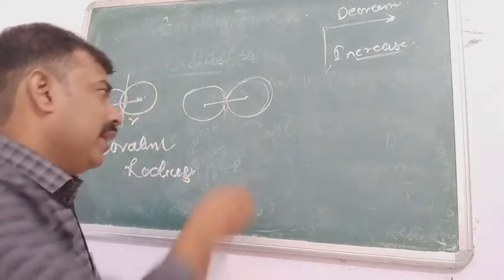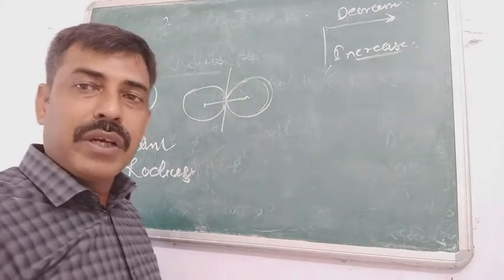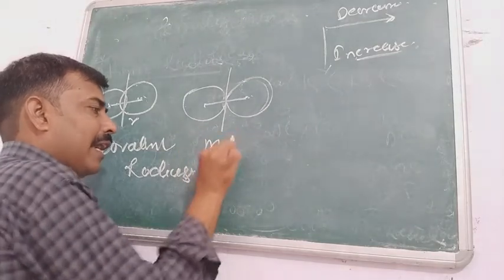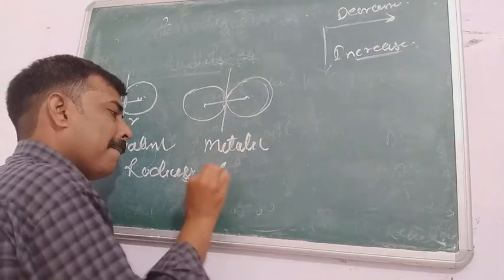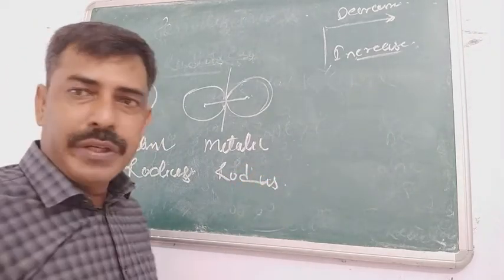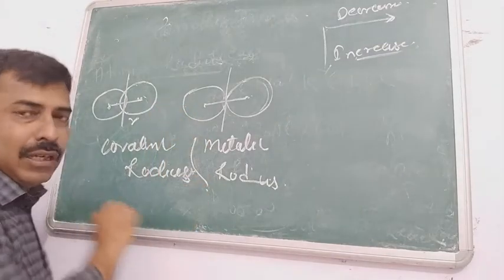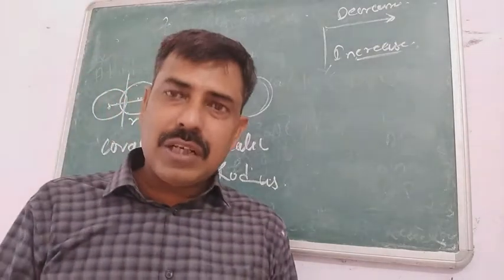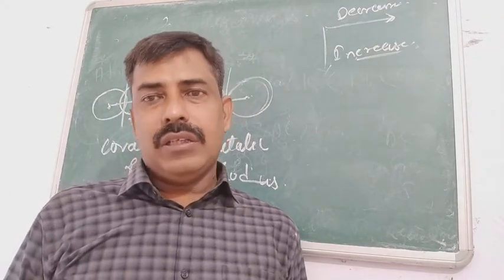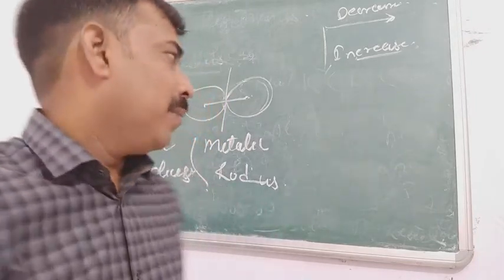Again, half of the distance between these two consecutive atoms will be considered as the radius, and this radius will be called the metallic radius. Surely the metallic radius will be greater than the covalent radius, because in the metallic case there is no overlap, but in the covalent case there is an overlap, which makes the radius smaller with respect to that of the metallic radius.